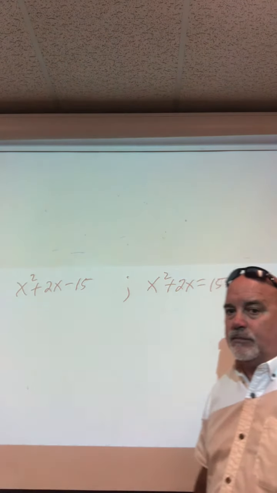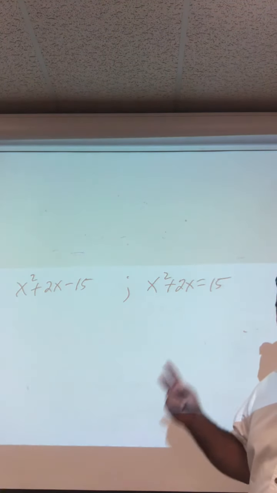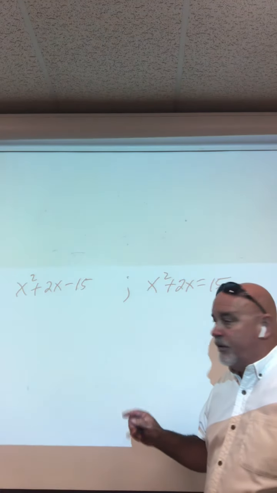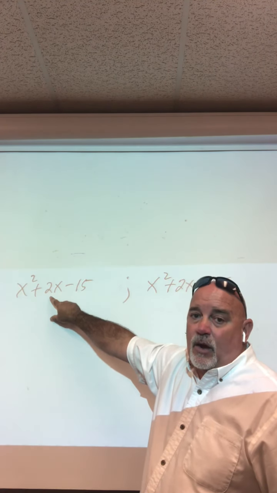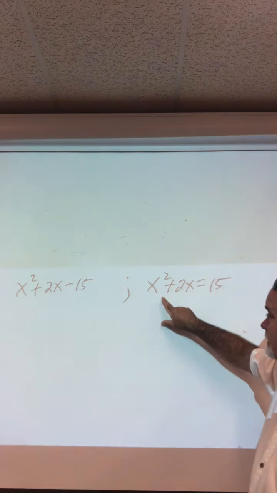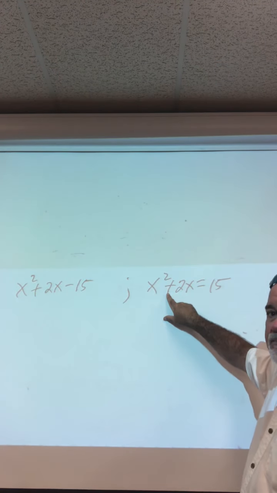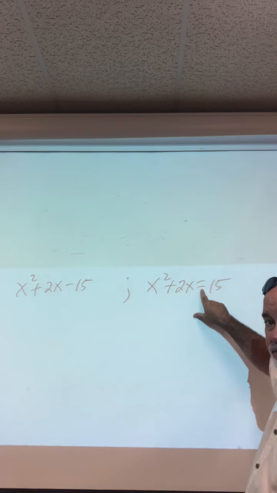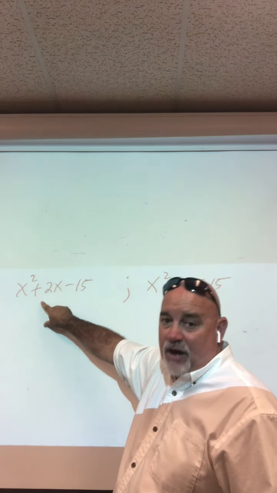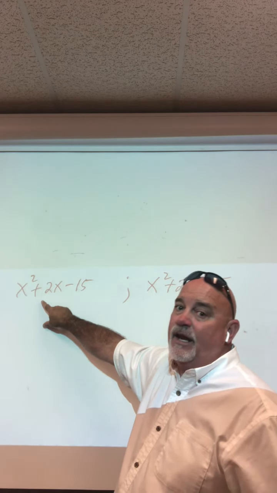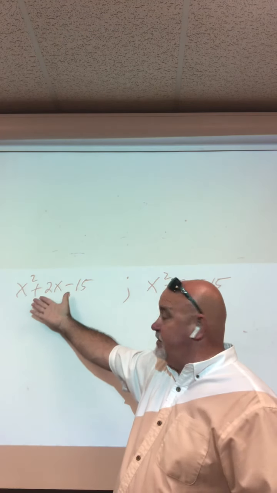These two problems are two completely different problems. This is a second degree polynomial. This is a second degree polynomial equation. I could call this a quadratic, but you can't call it a quadratic equation because there's no what?